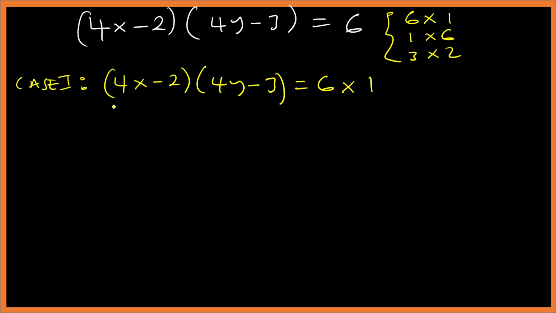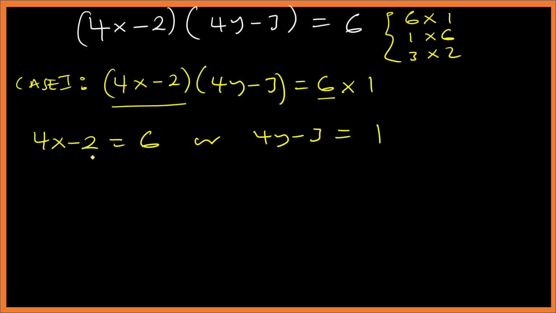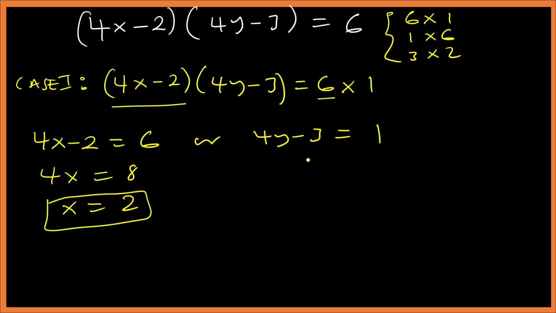It means 4x minus 2 is equal to 6, or 4y minus 3 equals to 1. So to this side, 4x equals to 8. Therefore, x is 2. And this side, 4y equals to 4, y equals to 1. So that is for case 1.